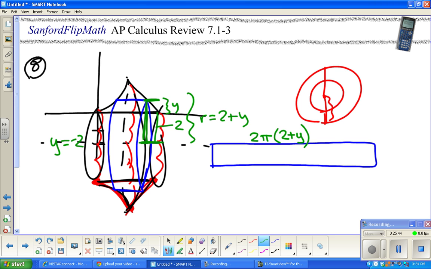Now, the height of this little cylinder label-y looking shell thing, that's the technical term for it, is going to be whatever that distance is. Well, this distance is actually this x value minus this x value. I know we already played around with this a minute ago, but remember this came from y equals -x plus 2.